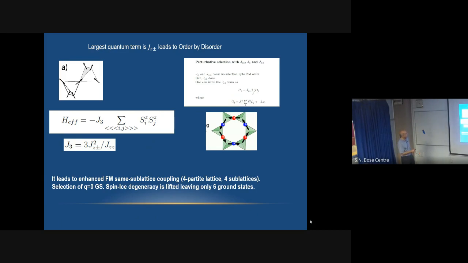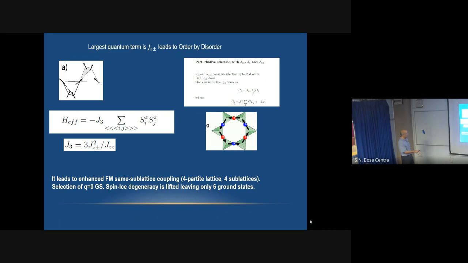If you have JZ plus minus, then already in second order perturbation theory, it actually selects out some of the states, because in second order perturbation theory, well before the third order, it creates a coupling between the third neighbor.